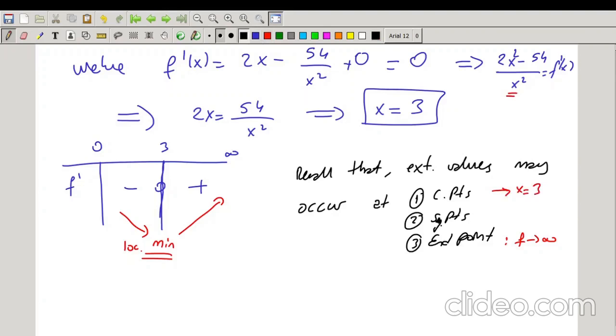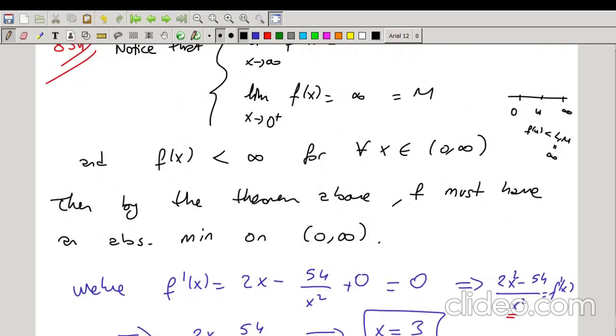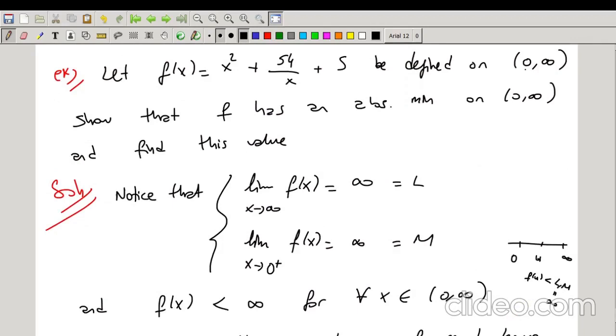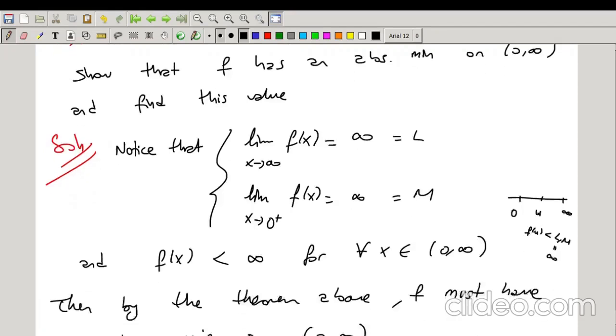Then, as a conclusion, we can say that f has an absolute minimum at the point x equal to 3, and f of 3 is equal to, we can write the value. If you put 3 in the function, what do we have?